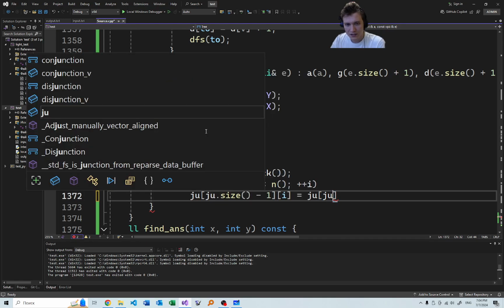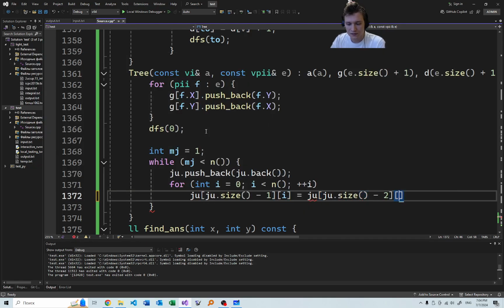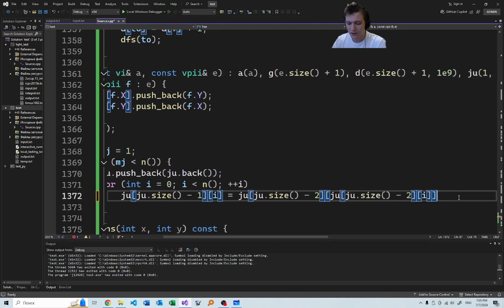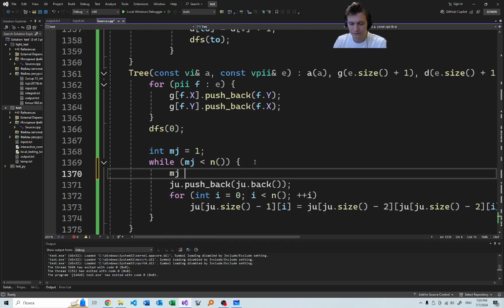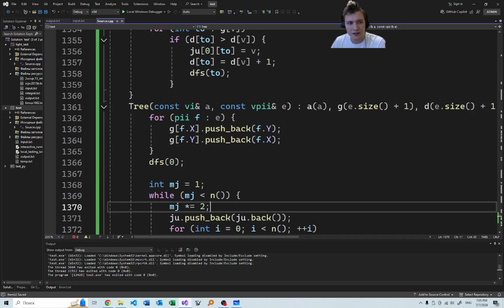We need to take this and then jump from it. Okay, we have filled the binary jump thing.